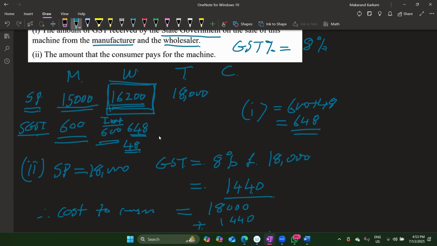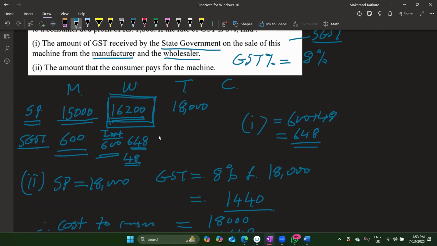That the tax paid by the manufacturer and the wholesaler is the tax on the sales price of the wholesaler. Because that's the only chain you are talking about. And if you do that, then you don't have to do all this calculating at every time.